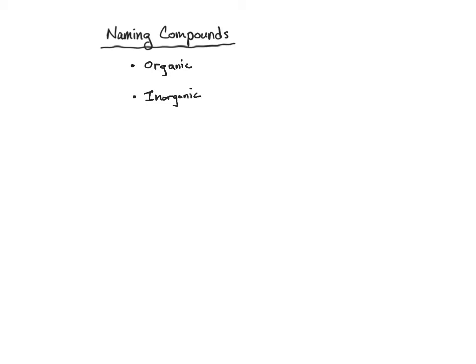There's a little bit of ambiguity, but what we can say in general is that organic compounds are compounds that contain carbon and hydrogen, and typically some will contain oxygen, nitrogen, and or sulfur.